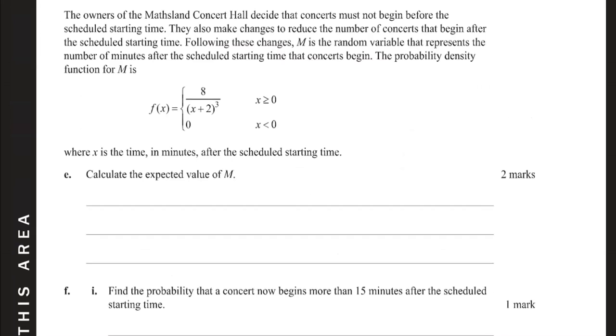Part E. Now we're given this probability density function because they're changing up how the concerts work now. They want us to find the expected value of M. So E of M equals the integral from 0 to infinity of x times f of x dx, and you get 2.